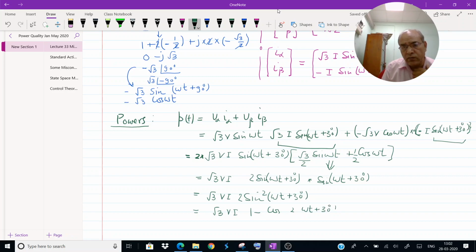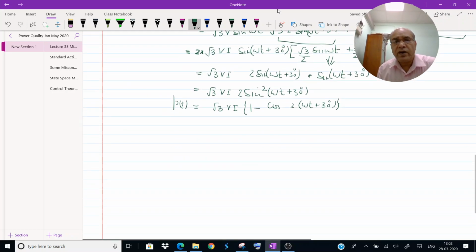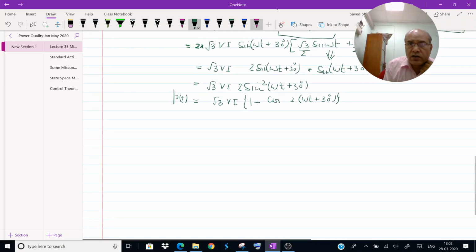So we have transformed the square term into a cos 2 omega term. This is p as a function of time. Remember, this is a very important expression, we will use it further. So I will mark it here.